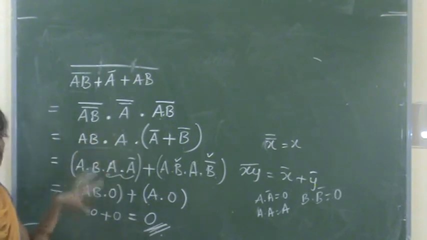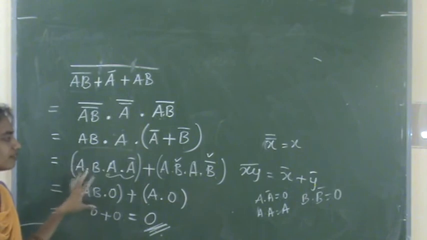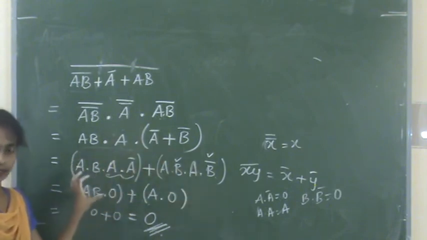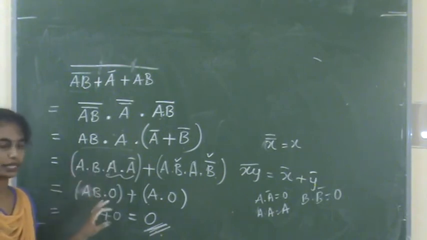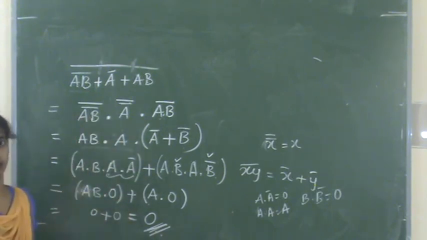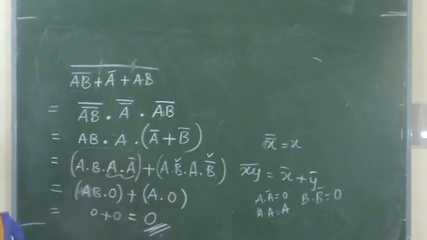This can be solved in three different ways, and this is one way. We are applying the basic properties, and with the help of those basic properties we are solving this equation. Likewise we have many equations to be solved.